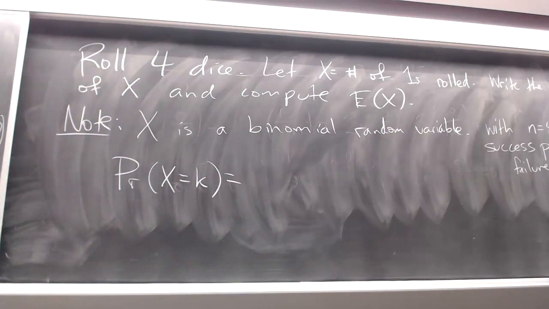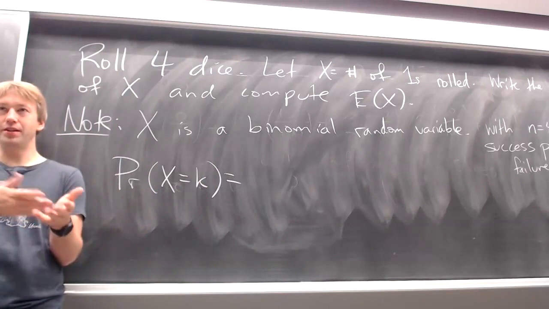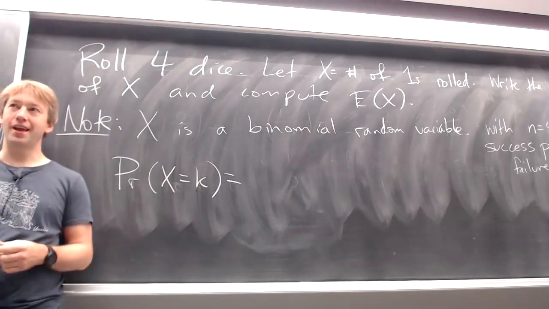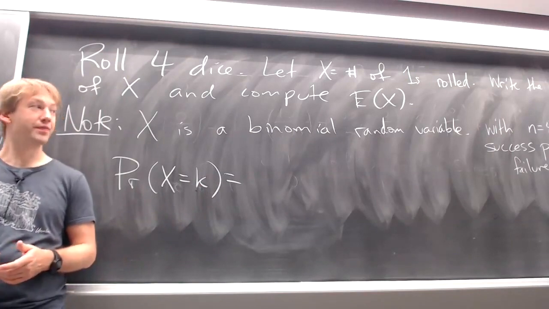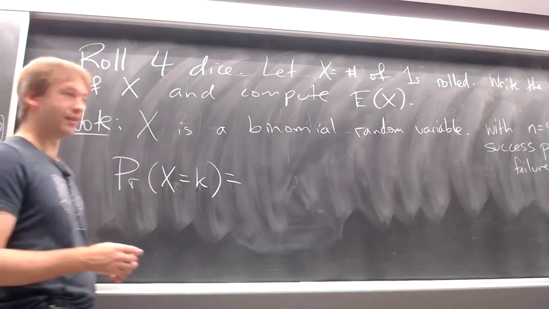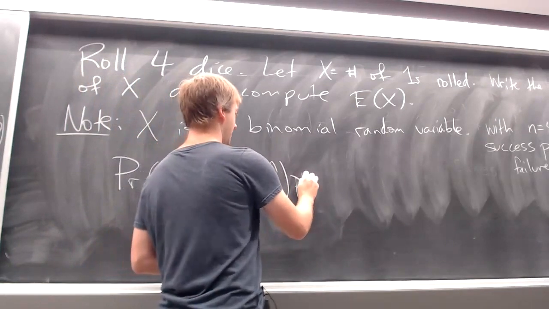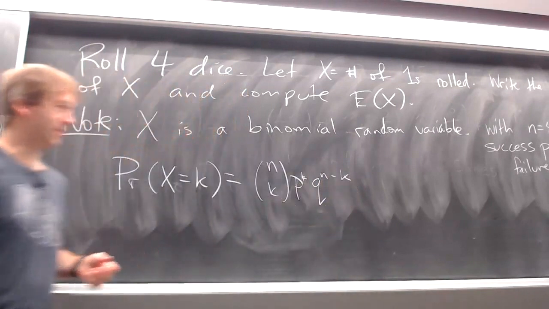So does anyone remember the formula for the probability distribution? Let's say k is a number. k is like 0, 1, 2, 3, or 4. What's the probability x equals k? Yeah, something like that.